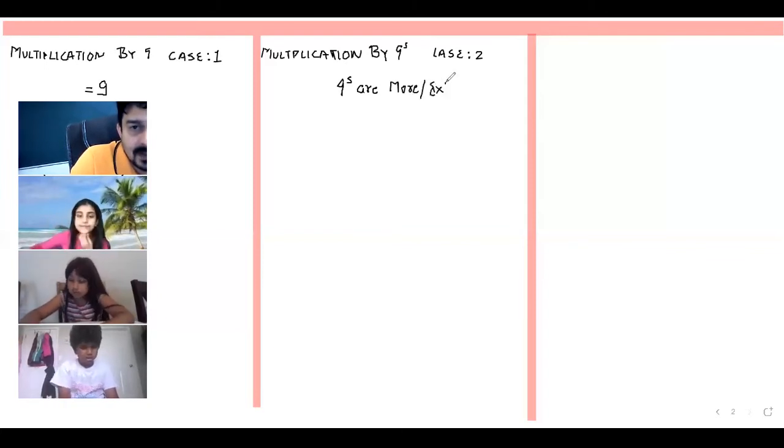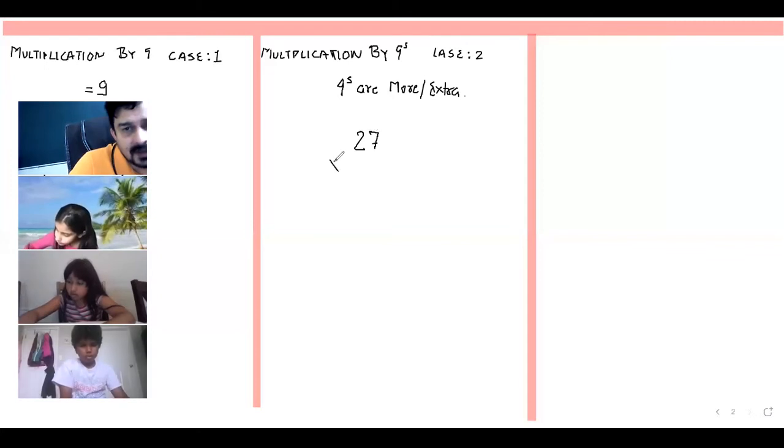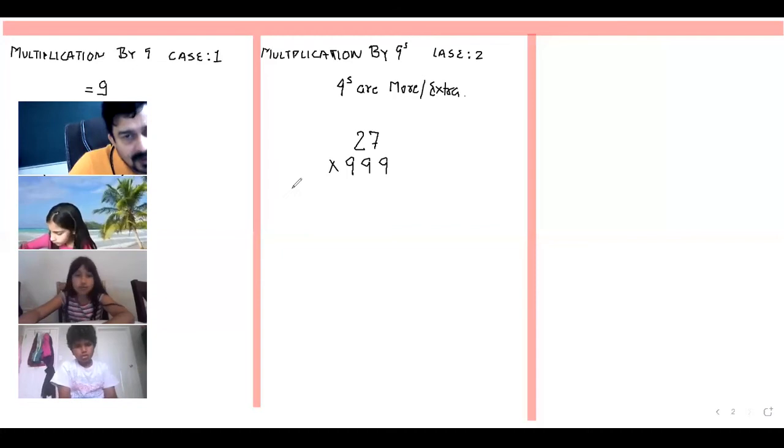So let's take the number 27 times 999. So 9s are more.